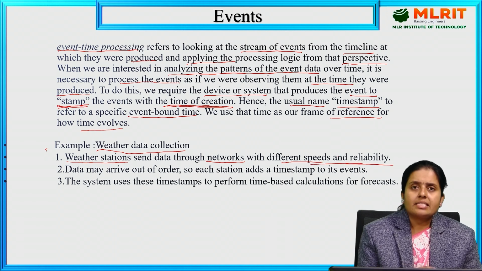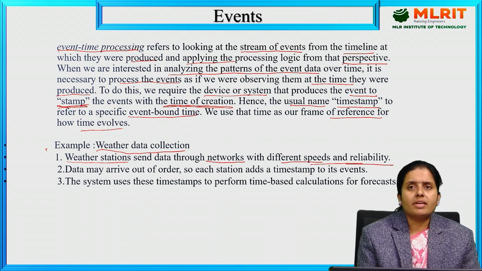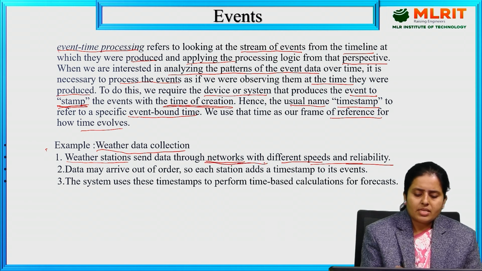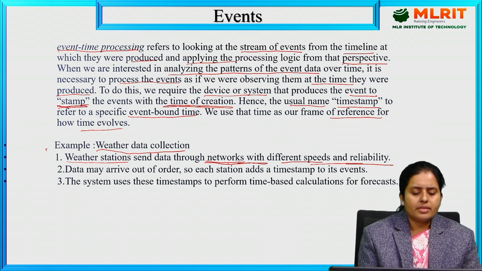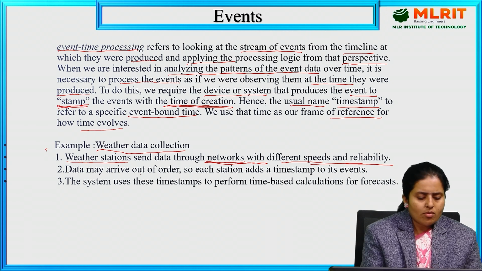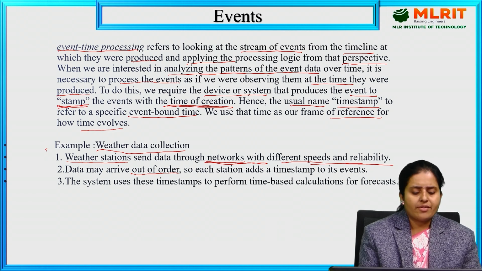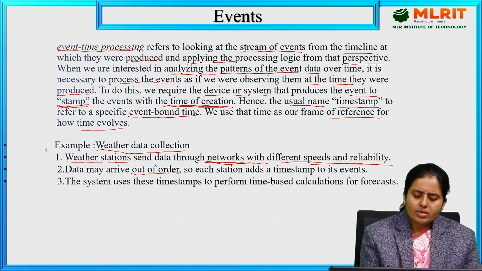Each and every device may connect through the network, and those data are generated via multiple devices. Data may arrive out of order. Sometimes not all the devices generate the data in a proper order. So each station adds a timestamp to its events.